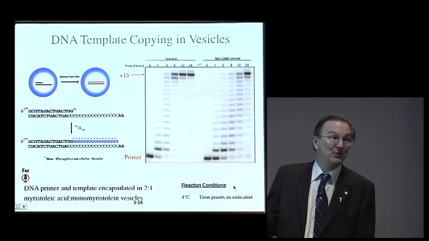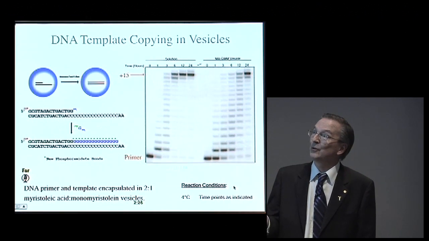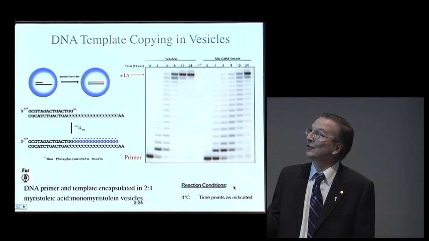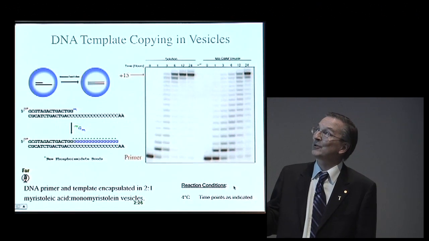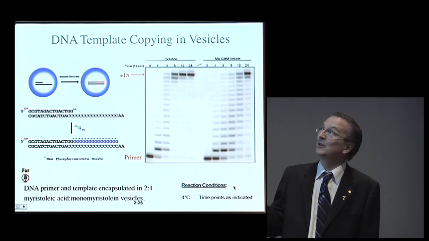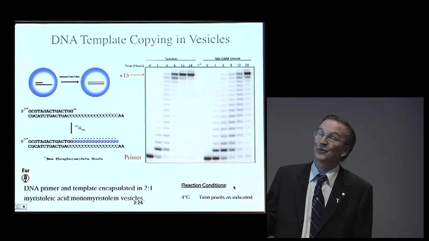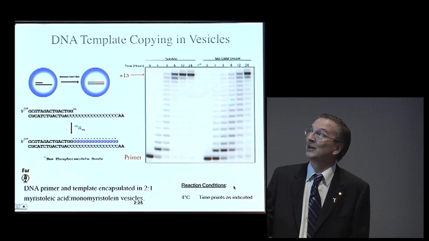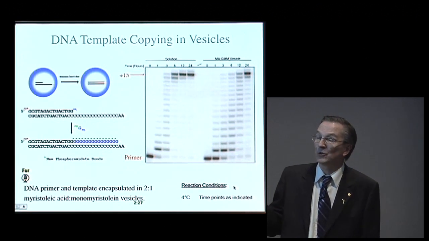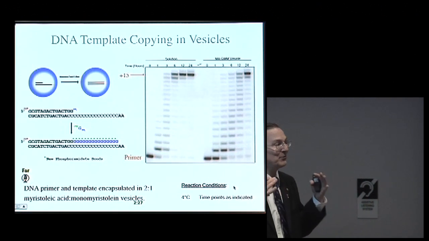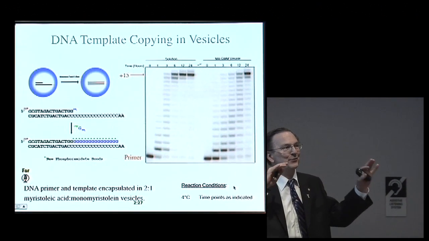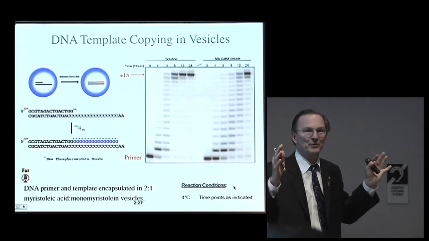They cross the membrane spontaneously and do the same primer extension, which you see over here. We get the same full-length product. It takes a little bit longer because of the time it takes the monomers to get across the membrane, but it still works. It shows that fundamentally these 2 different chemical systems are mutually compatible.